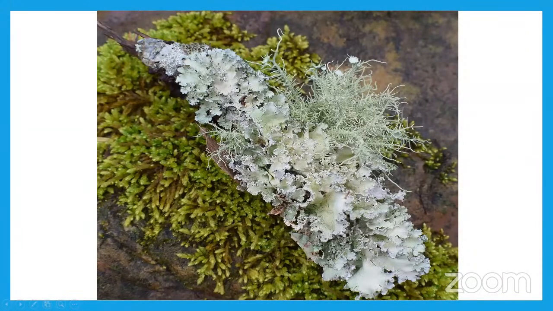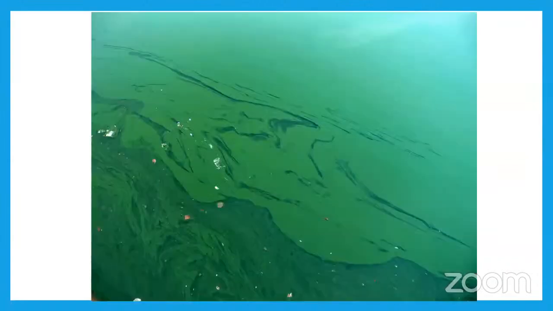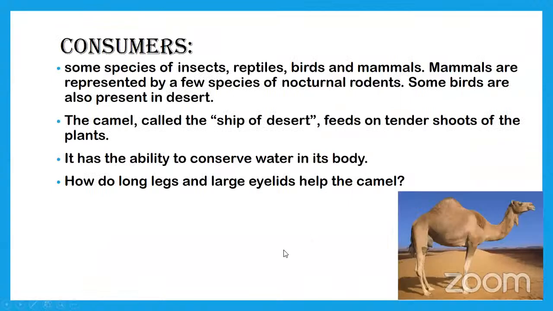That means algae help fungi and fungi help algae. Both helping each other, that is the symbiotic relationship, lichen. Here you are observing the algae. I think you all have seen it in water bodies. These kinds of algae are also present in desert water bodies.